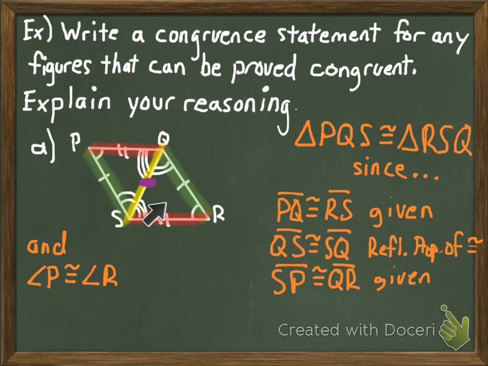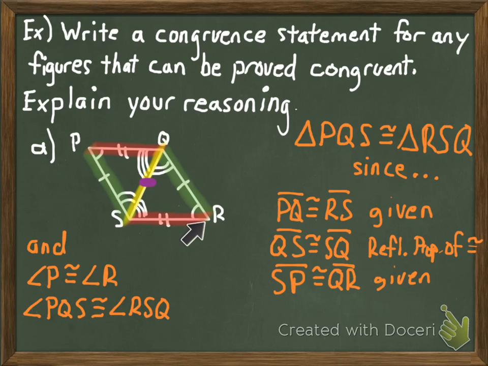Now, it's obvious that angle P is congruent to angle R after all our discussions. I want you to pay attention to the way I named the other pairs of congruent angles. Look at this. Notice I didn't just use one letter to name those angles, and that's because it's not like angle P and R where there was only one angle at this vertex.